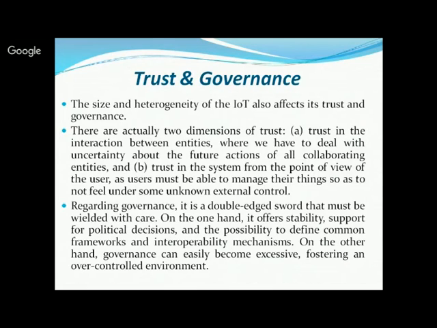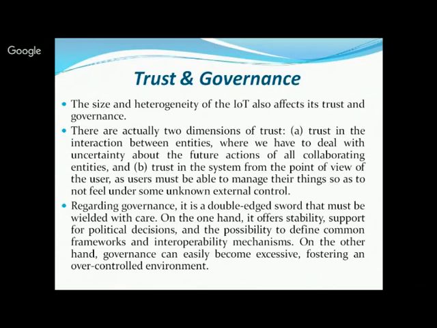Next is trust and governance. Trust is very much important, and you can work with this concept: trust in the interaction between entities, where we have to deal with uncertainty about future actions. When we are in IoT, connecting with many devices on the internet, how can you trust those devices?